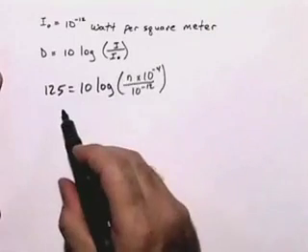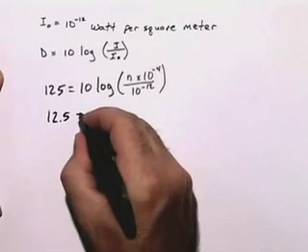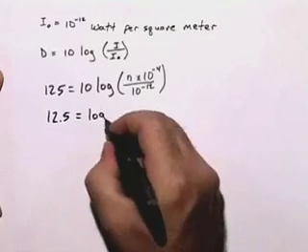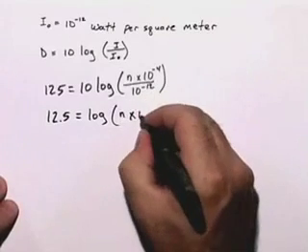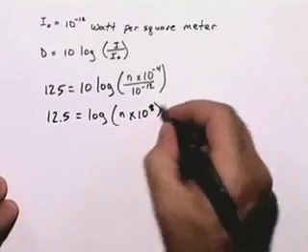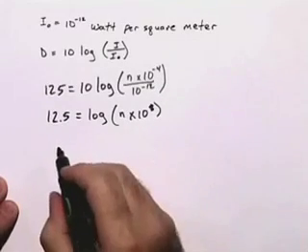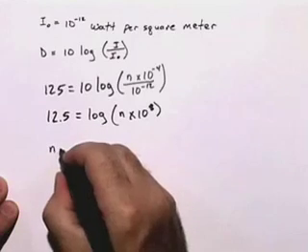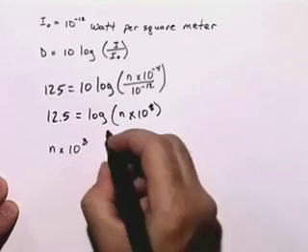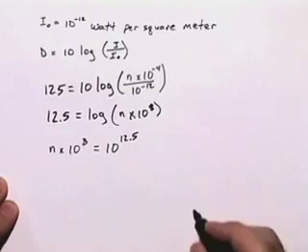We're going to start by dividing both sides by 10. This will give us 12.5 is equal to log base 10 of N times 10 to the 8th power, using rules for exponents. If we convert from our log form to an exponential form, we'll get N times 10 to the 8th power is equal to 10 to the 12.5 power.